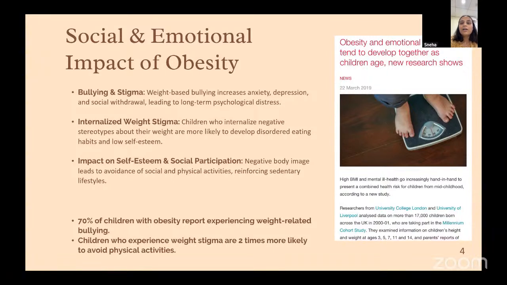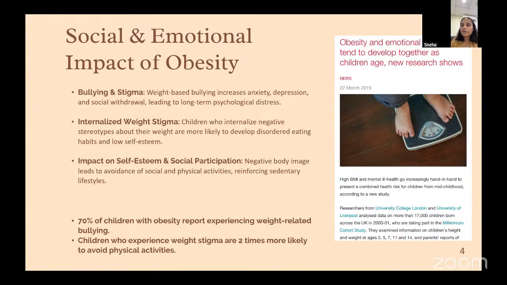The children might form their own groups. They might isolate the overweight kid because of their looks or other reasons, because they can't participate actively in physical activities like other children. This can impact their self-esteem and also their social participation. They themselves might start to avoid school and social activities.